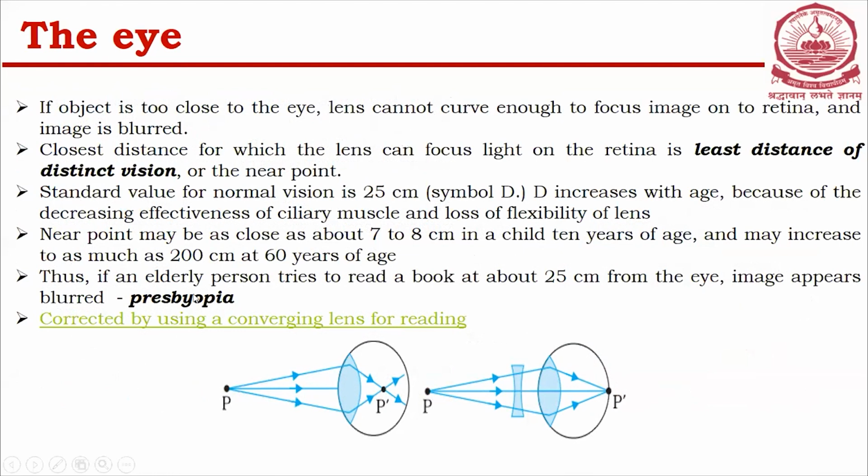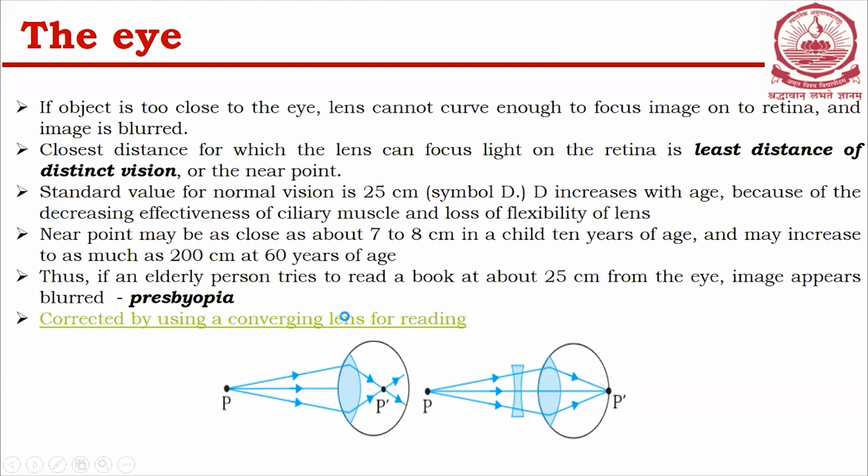So if an elderly person tries to read a book at about 20 centimeter, it will appear blurred, because your eye lens is not focusing the image exactly at the retina. In the first image, it focuses somewhere before the retina, so you will not be able to see the image clearly.